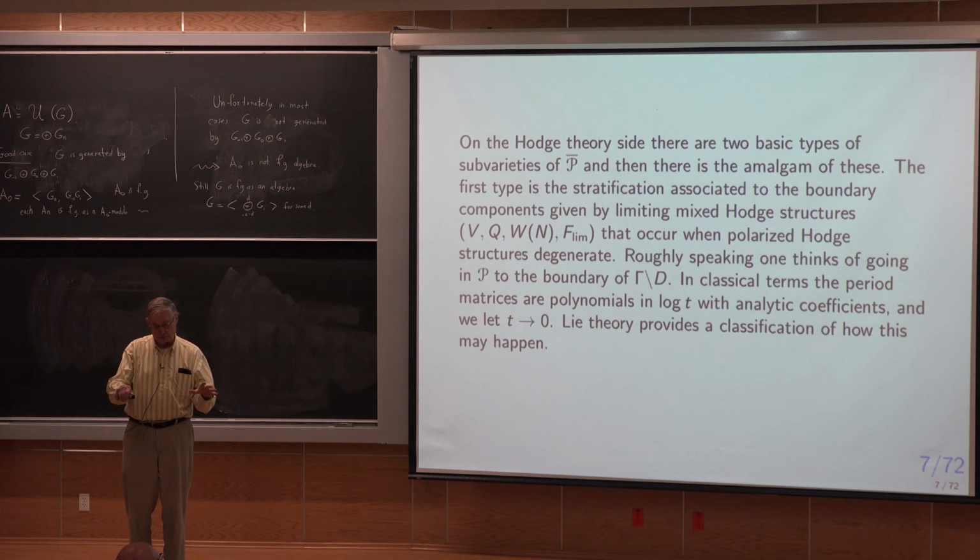For surfaces, you think of them as having special configurations of curves, things of that kind. So that's how the Hodge theory side looks. One wants to know, from moduli to Hodge theory, how much can you read off from that map, and what does the stratification on the Hodge theory side tell you about the algebro-geometric side?